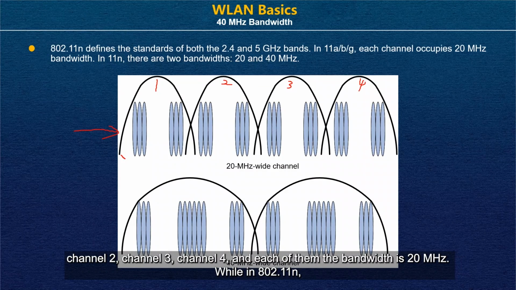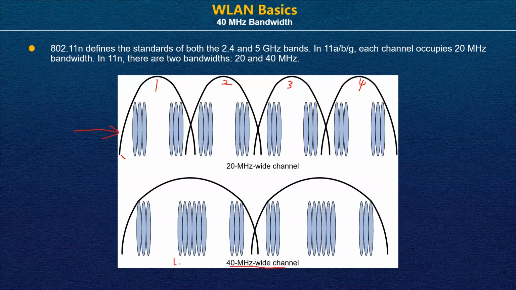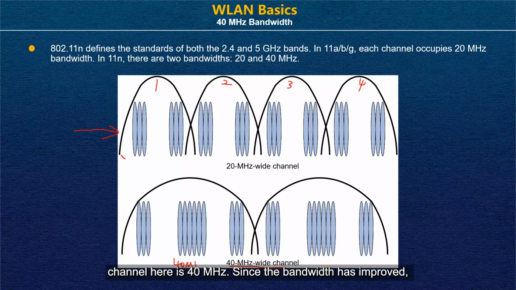While in 802.11n, there are two bandwidths, except 20 MHz, another is the 40 MHz wide channel. You can see each channel here is 40 MHz, and this is 40 MHz.